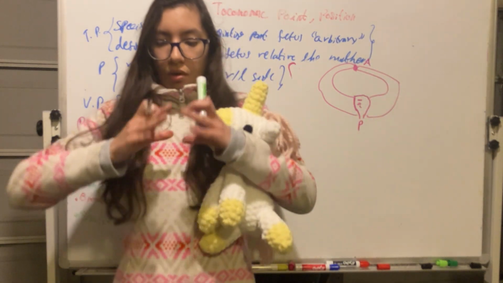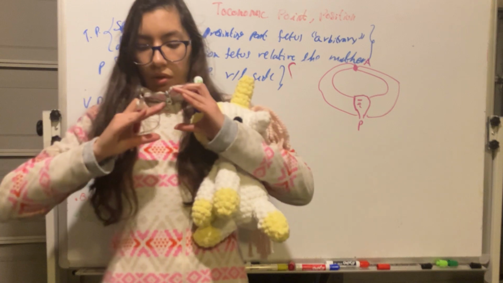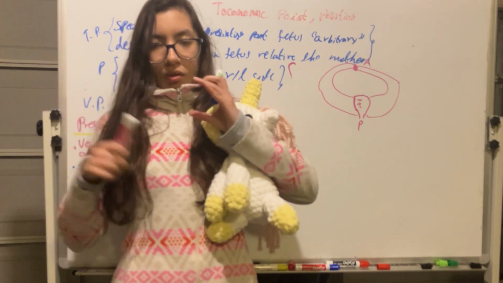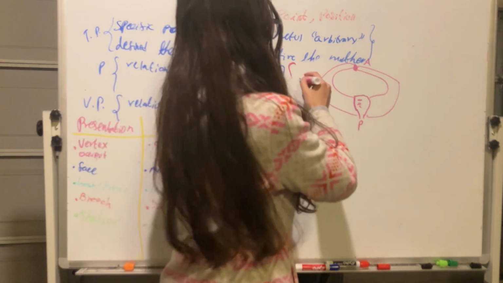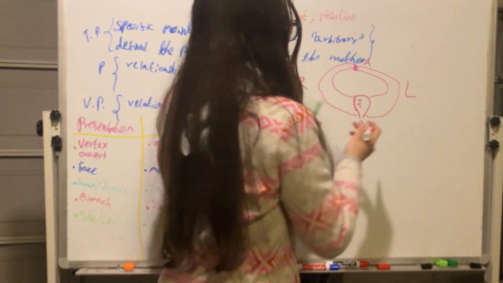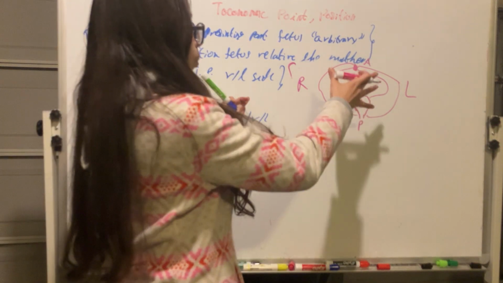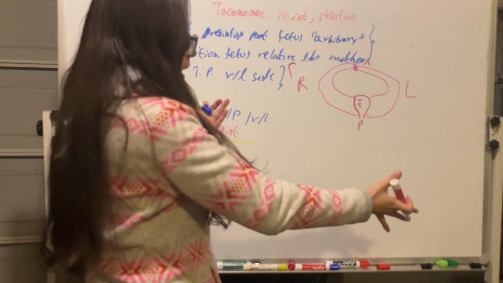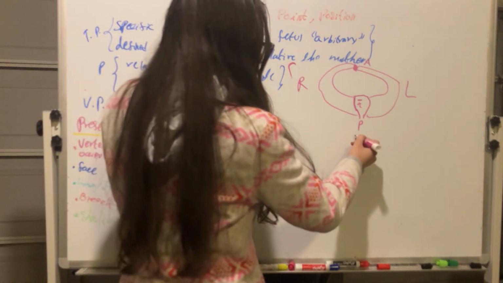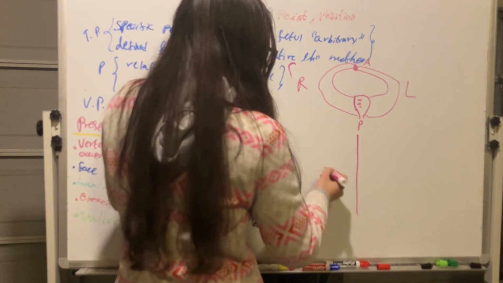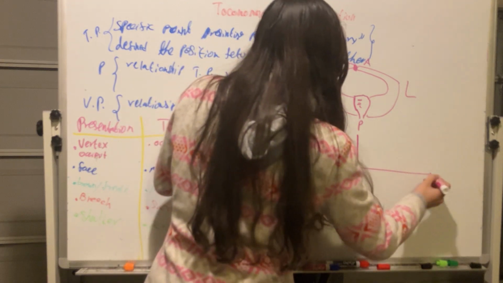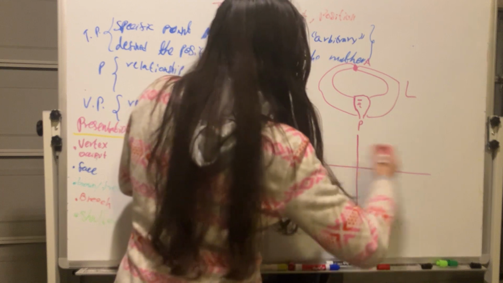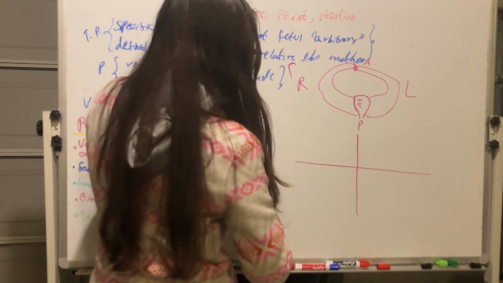So here posterior, anterior, and this is right, this is left. We are going to schematize this with a Cartesian plane: this is anterior, this is posterior, this is left, this is right.